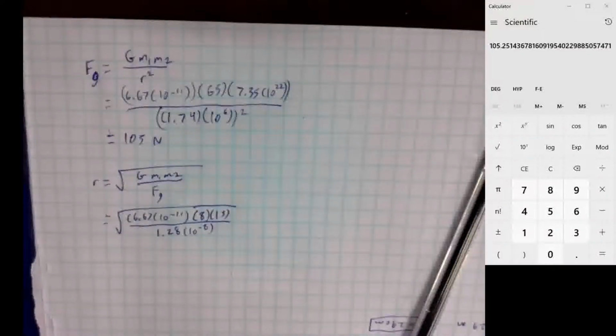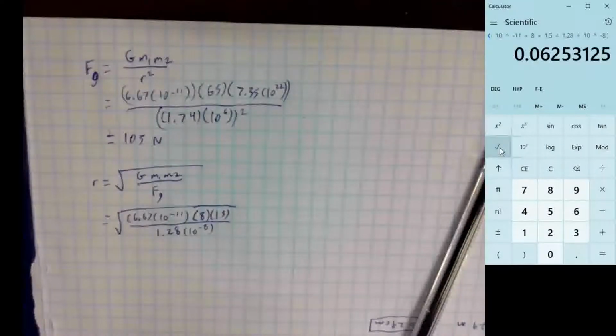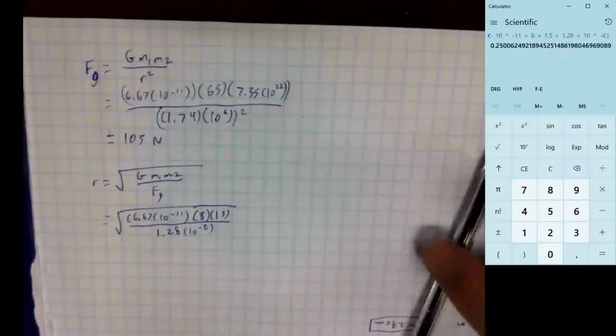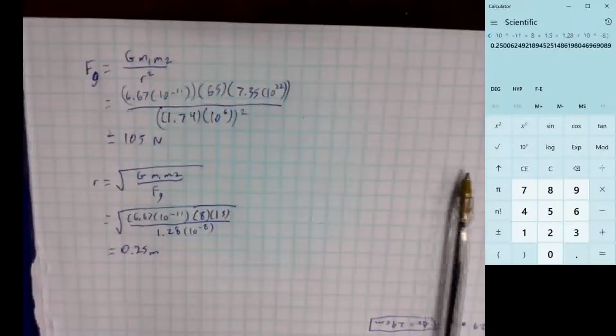And when I evaluate this, I'm going to have 6.67 times 10 to the negative 11, and I have to multiply that by 8, multiply that by 1.5, divided by 1.28 times 10 to the power of negative 8. Close my bracket, and then I would find the square root of this. I get 0.25. And I have to report this for 2 significant digits, so it's just 0.25, not 0.250.